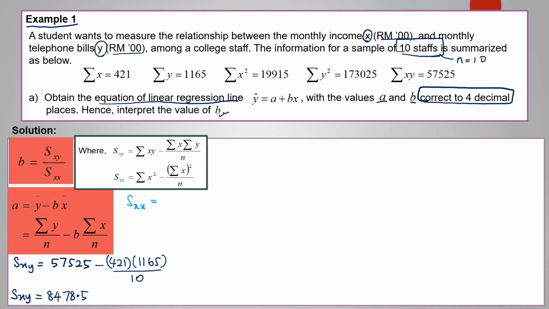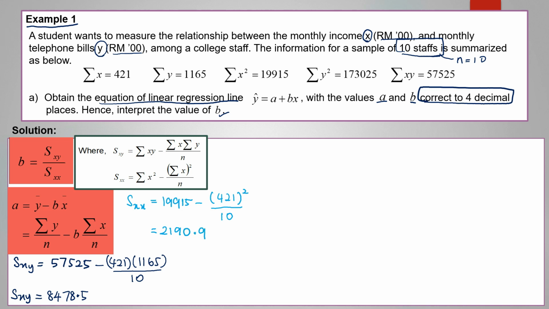Next, let's move to find Sxx. Sxx is equal to 19,915 minus 421 square over 10. Press your calculator, you will get the value of Sxx as 2,190.9.